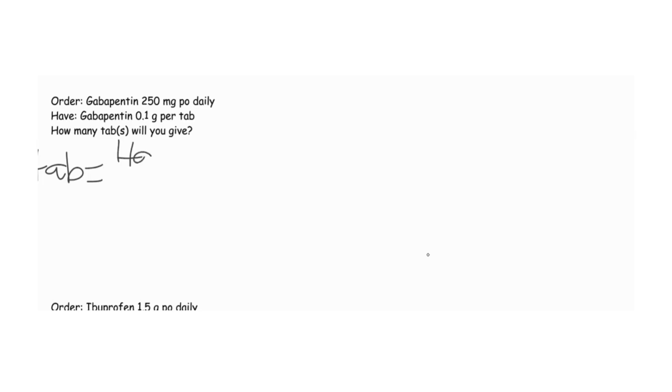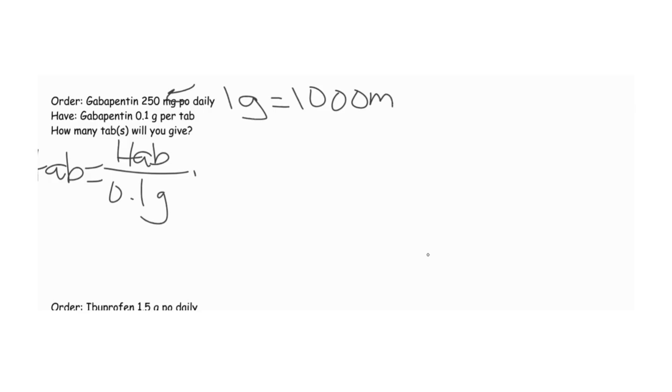One tab is how much? 0.1 gram. We already know we are going to have gram in our numerator. We do not have gram right here in our order, so we're going to have to convert. How much is a gram? It's equal to 1,000 milligram. So we want to keep gram in our numerator up here to 1,000 milligram.